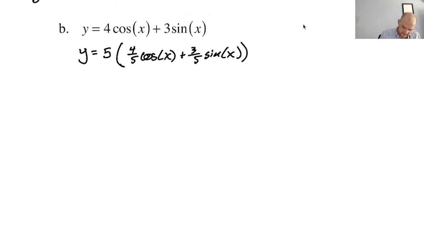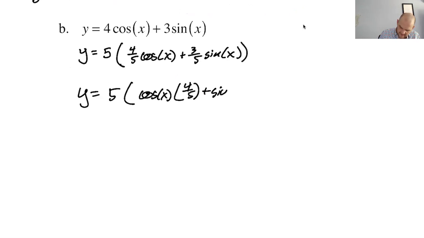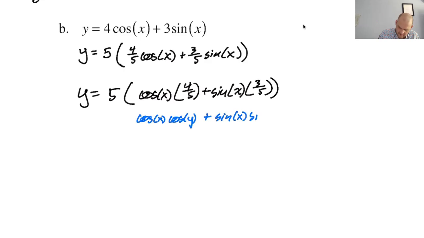I know that I can rewrite this as 5, and then I'm going to do cosine x times 4/5 plus sine x times 3/5. So I'm thinking of this as cosine, cosine, sine, sine. Let me just write that in: cosine x cosine y plus sine x sine y. That's what I'm looking at this as.